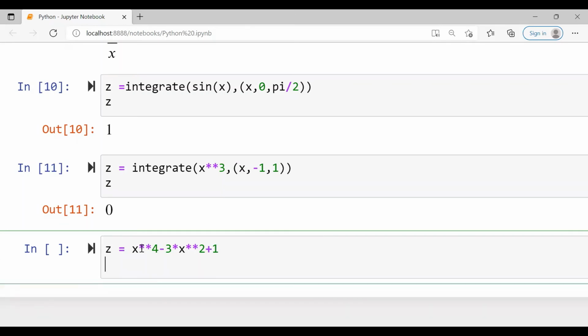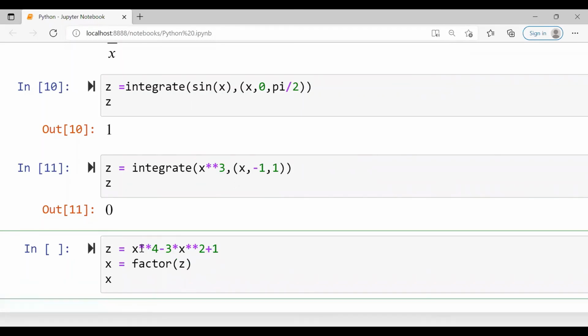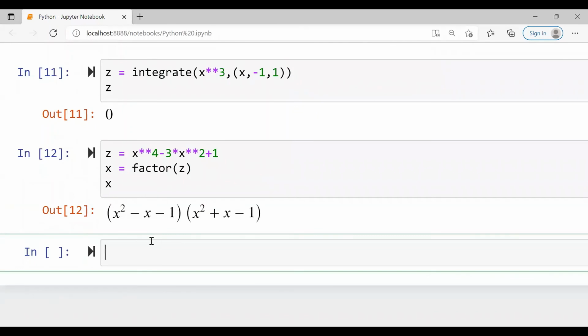Then try to print. x power 4 minus 3x square plus 1. That is x square minus x minus 1 into x square plus x minus 1.